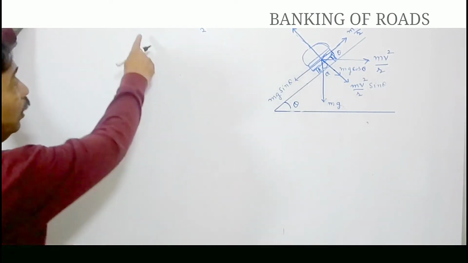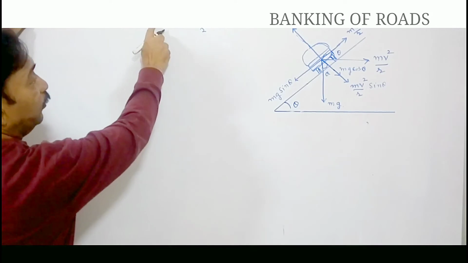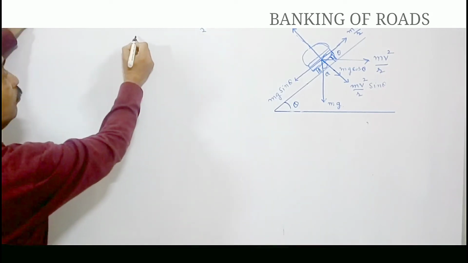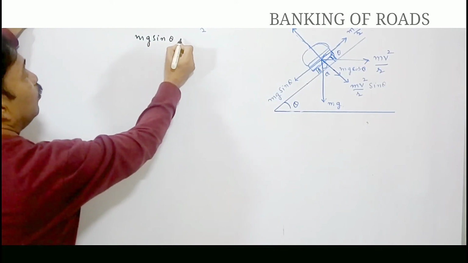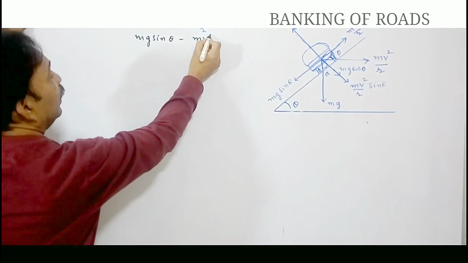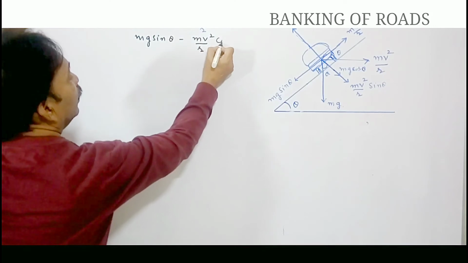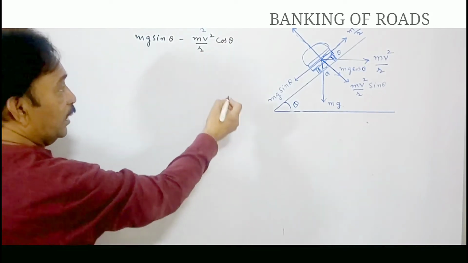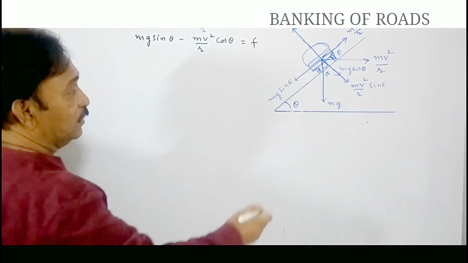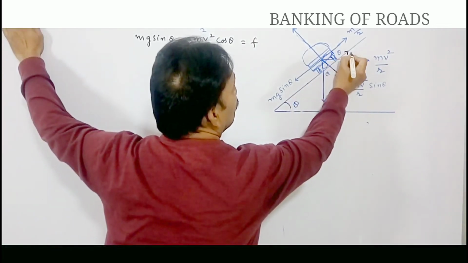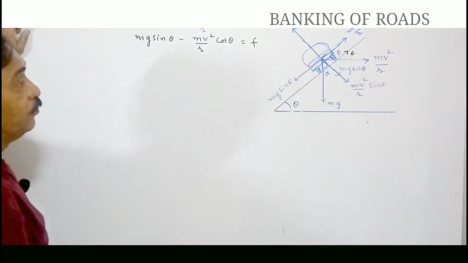Obviously, as you learned before, the difference between the two provides the force. Say it is mg sin theta minus mv square by r into cos theta, the net force. It is equal to the frictional force. In this case, the frictional force acts in this direction.